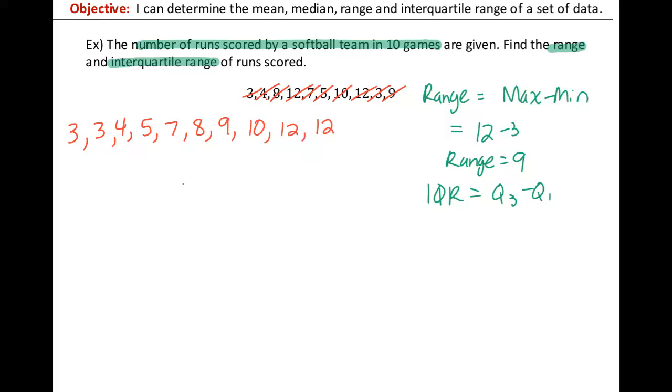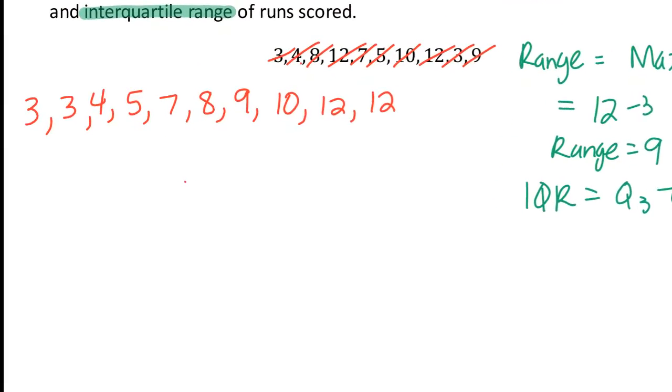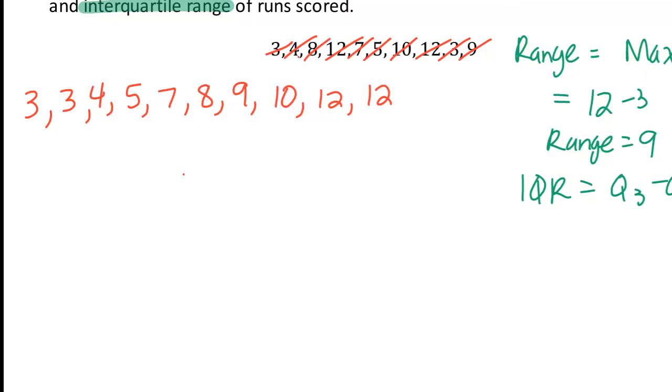So let's first find the median. We have how many data values in total? It should be 10, right? Do I have 10 values? 7, 8, 9, 10. Yes. So because we have 10, if I cut it in half, what's half of 10? 5. That means I have 5 on each side.